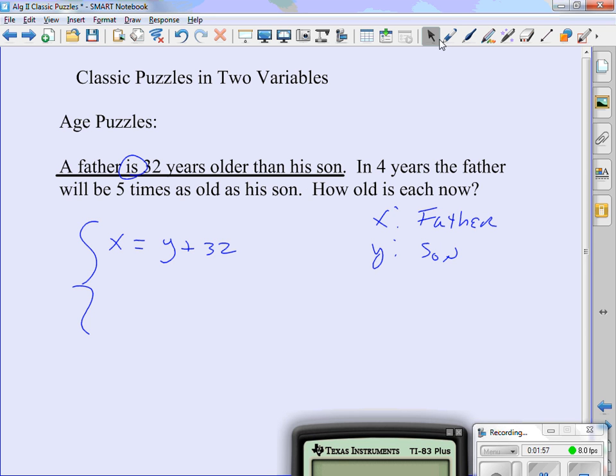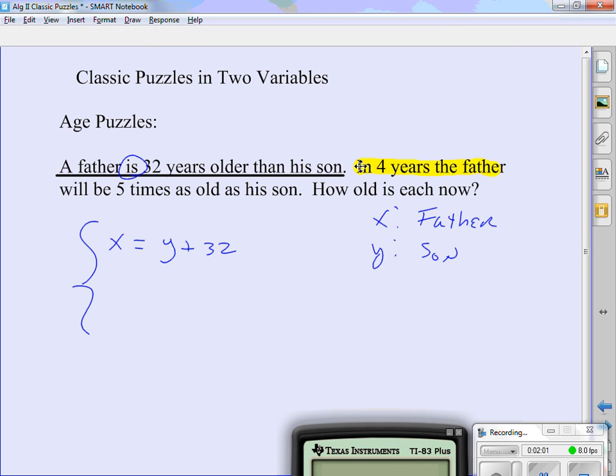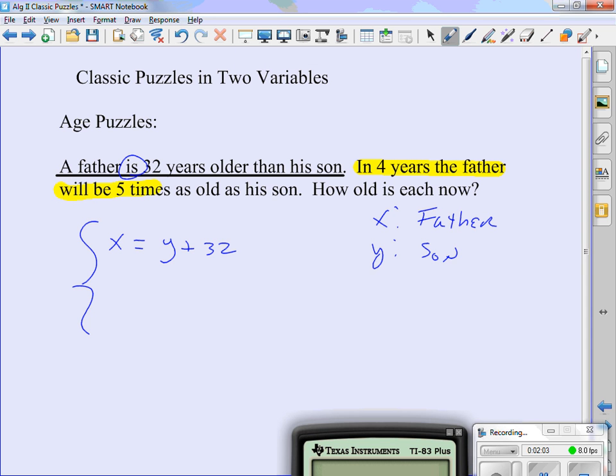The second equation is the next sentence. In 4 years, the father will be 5 times as old as the son. So in 4 years, how old will the father be?